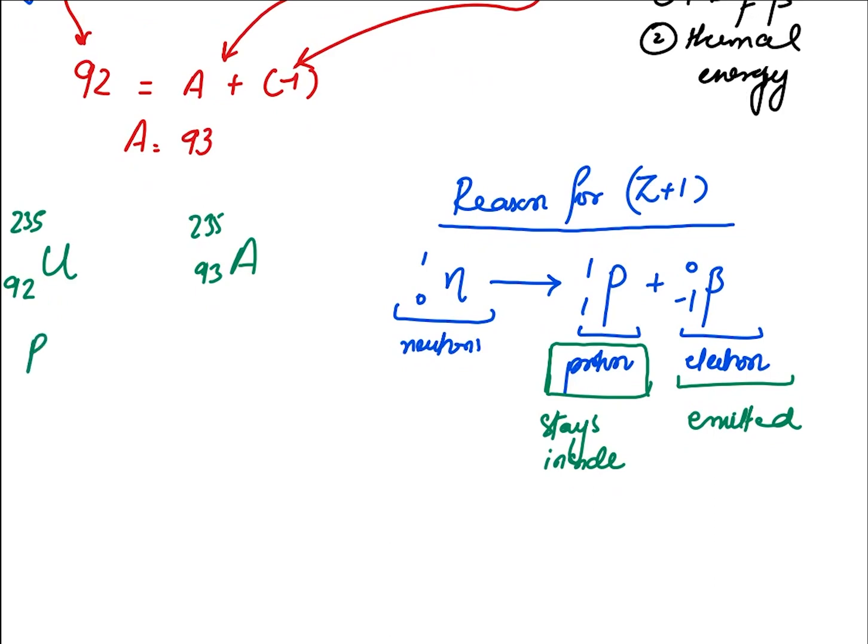So protons, neutrons, let's only limit ourselves to that because we're not interested in the electrons right now. So this is 92, this is 93. But let's look at the number of neutrons. What happened with them? So 235 minus 92 gives me 143. But over here, I see 235 minus 93, that gives me 142.